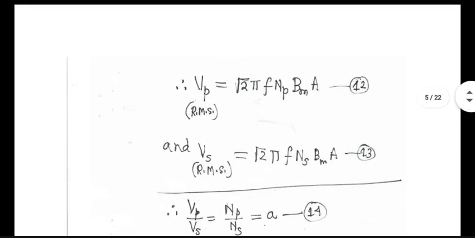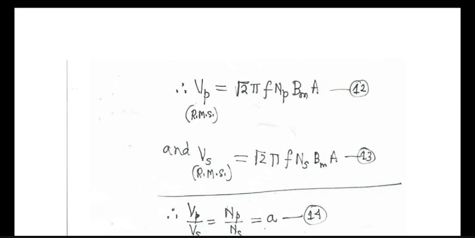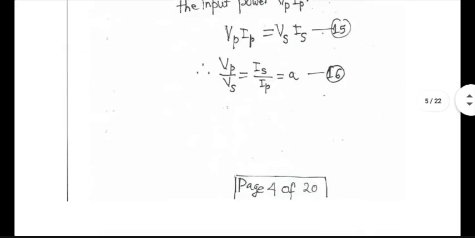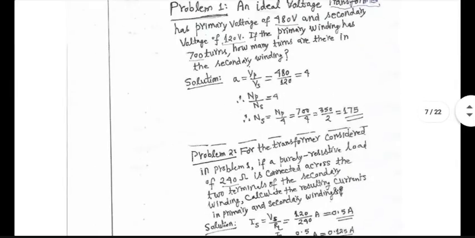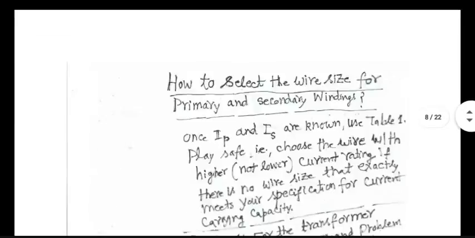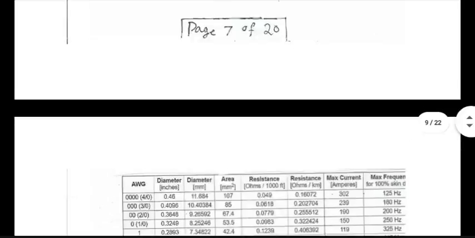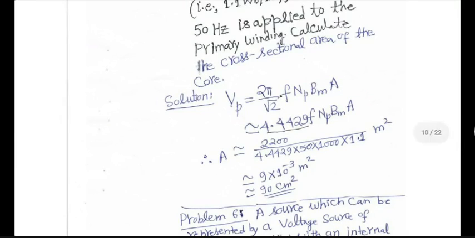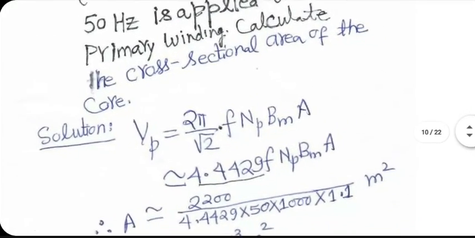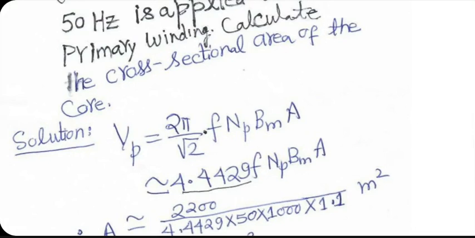So you may see 4.443 instead of square root of 2 pi in the books. Let's see. Yeah, actually I have written it here. VP is supposed to be this, right? We have proven it. And that works out to 4.4429 if you want to be super accurate.